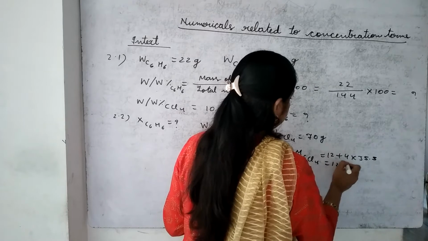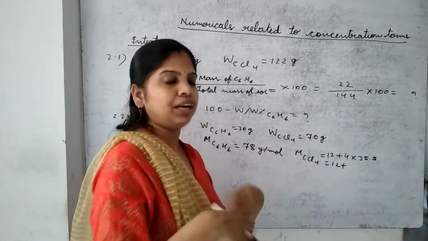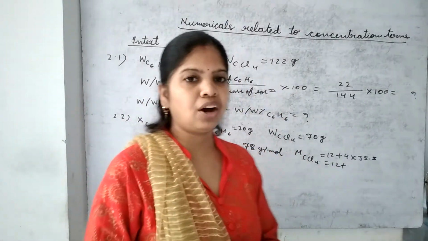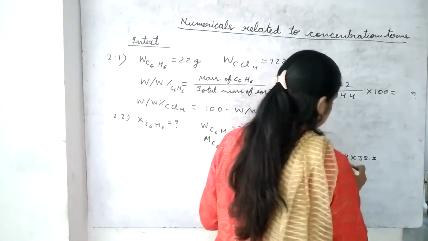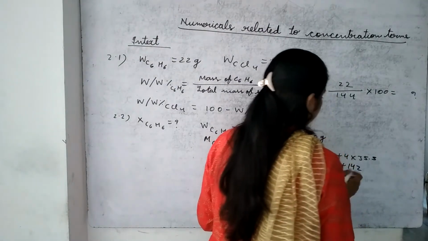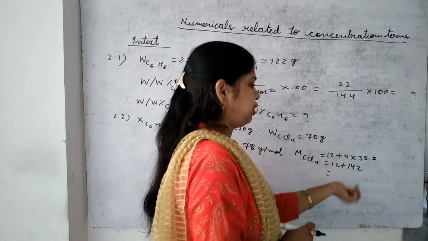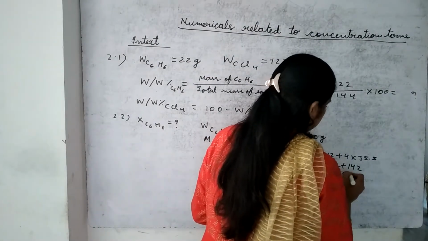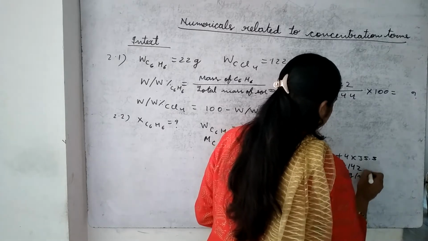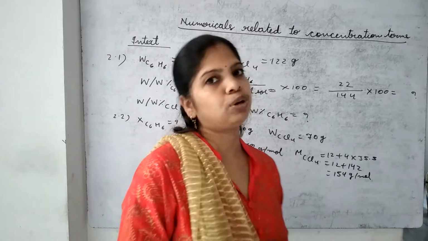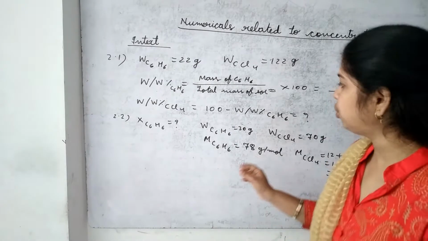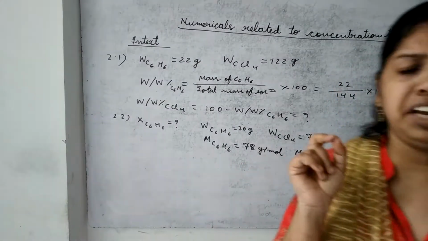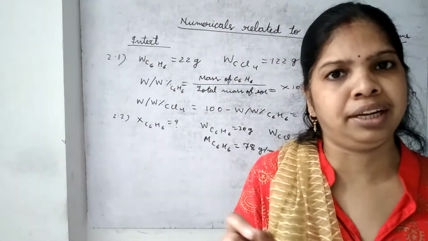It's very easy: 71 plus 71, total is 142. So 142 plus 12, 154 gram per mole.